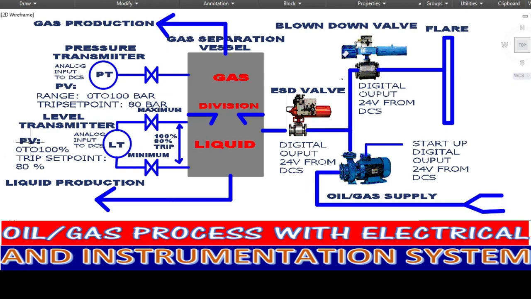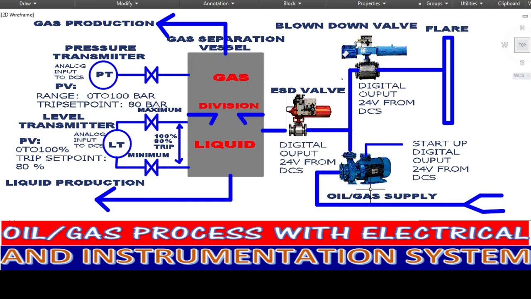So the process value is 0 to 100% level, and then the trip set point is 80%. This is how we communicate between the electrical and instrumentation within the oil and gas process system.